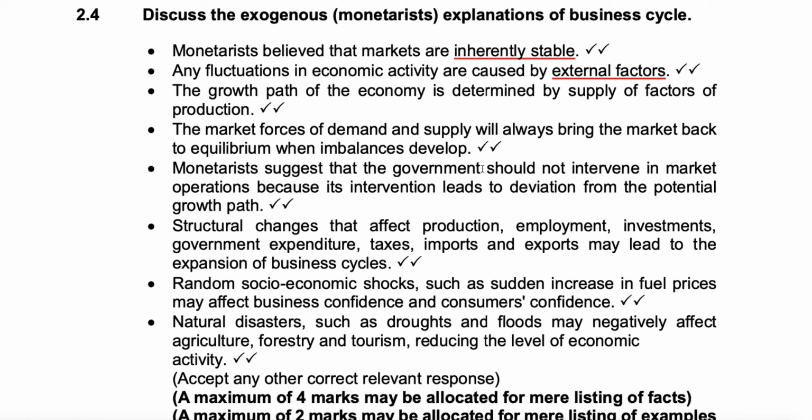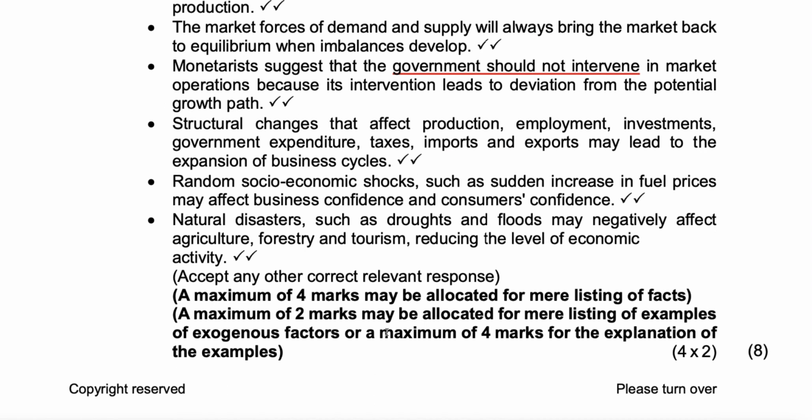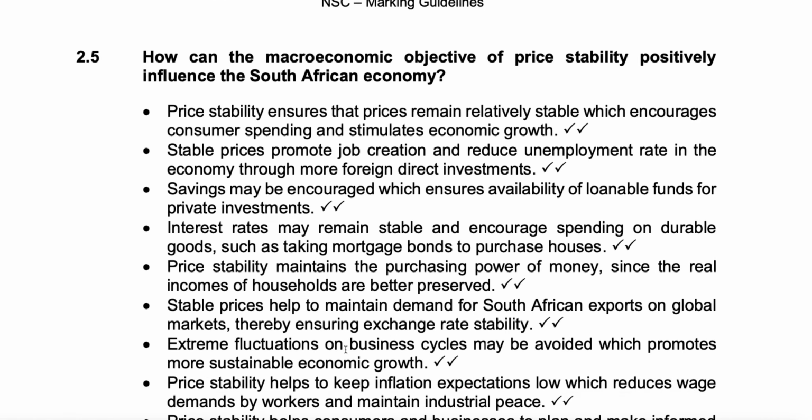Yes, monetarists suggest that government should not intervene. I mentioned this. This is very important in the market because its intervention leads to deviation from the potential growth, because according to them, markets self-correct. I don't know if there's a part where it says that, but you can pause this and copy this.